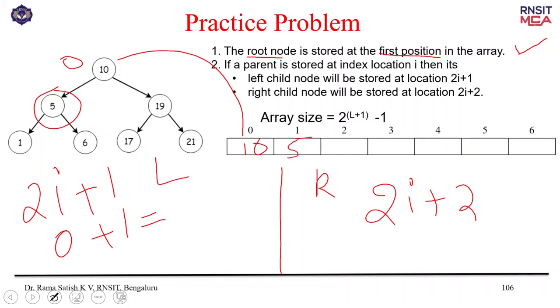Now the right node. We know the right node formula is 2i plus 2. 19's parent is 10, and 10 is at index 0. So 2 into 0 is 0, plus 2 is 2.